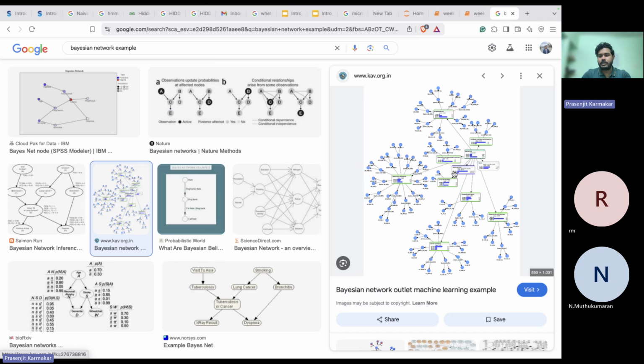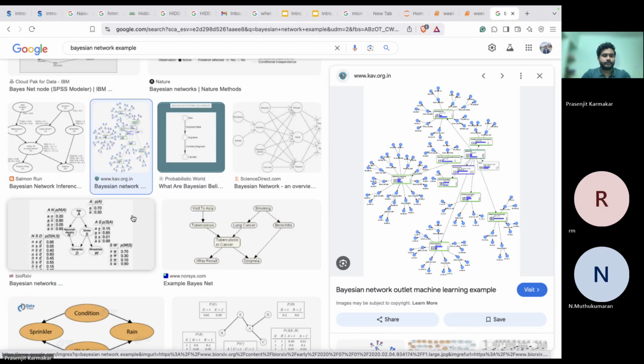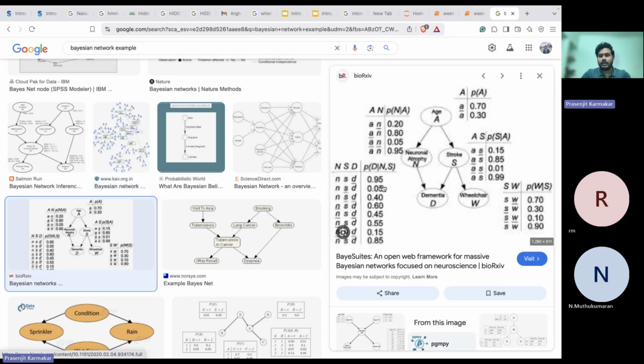So how each particular feature is dependent on or influencing other features. See here, right? Here they're representing all possible probabilities. Now from these probability values, we can compute joint probability or conditional probability of a particular feature given another feature. Let's say I want to compute probability of dementia given somebody has a stroke. Okay, so that I can compute directly by seeing here.